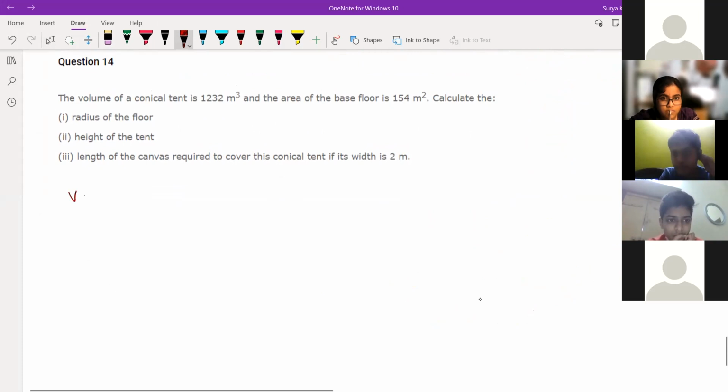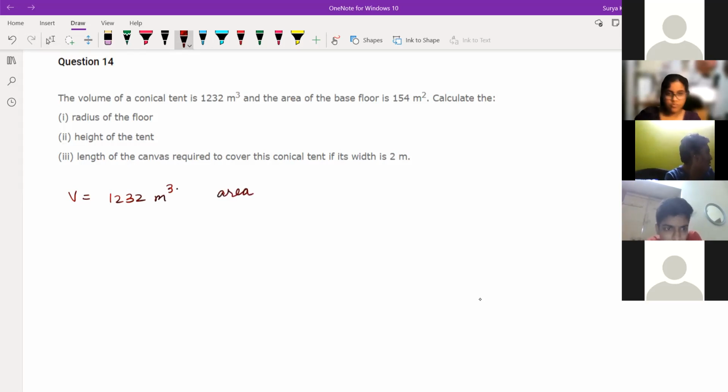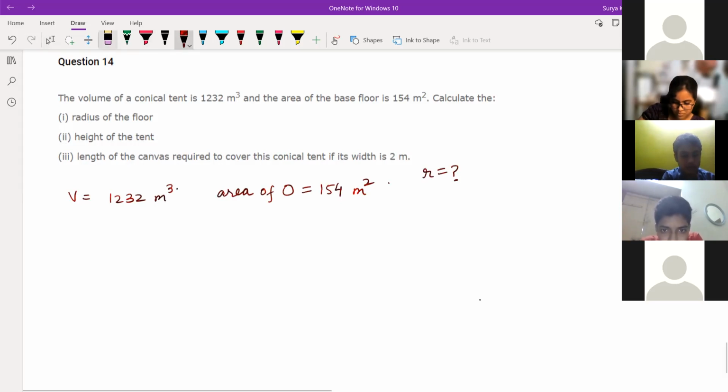So you can write here, volume is 1232 meter to the power 3. The area of the base floor is 154 meters squared. So area of the base floor means the area of the circle part, right? Is equal to 154 meter square. Calculate the radius of the floor. Radius we have to find, question mark. Height of the tent, question mark.